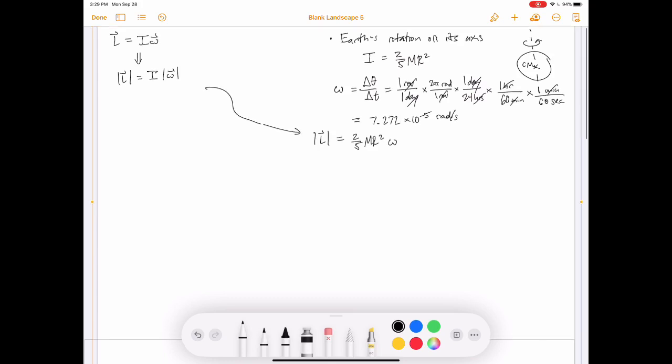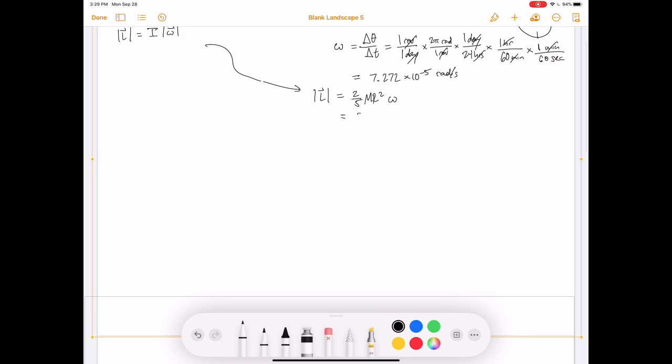So 2/5 times the mass of the Earth, which is 5.97 times 10 to the 24 kilograms, times the radius squared. Well, the radius is 6,370 kilometers, which is times 10 to the 3 meters. So square the R value. And then omega is 7.272 times 10 to the minus 5 radians per second.